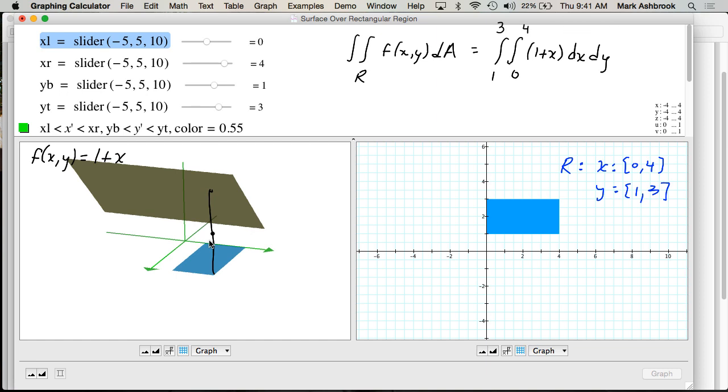So maybe like this. Is everything showing up? Does that look right?